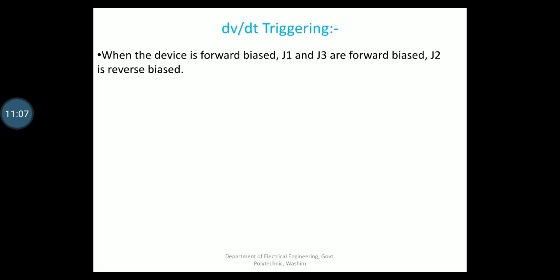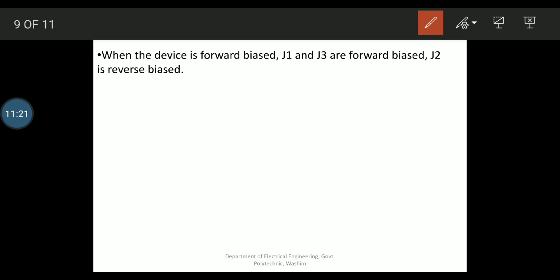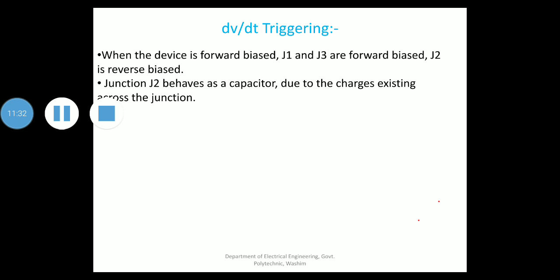Now the first condition here will be when SCR is forward biased, the junction J1 and J3 will be forward biased and junction J2 is reverse biased. Now here the junction J2 behaves as a capacitor because of the accumulation of the charges on the top and bottom side of the junction J2.